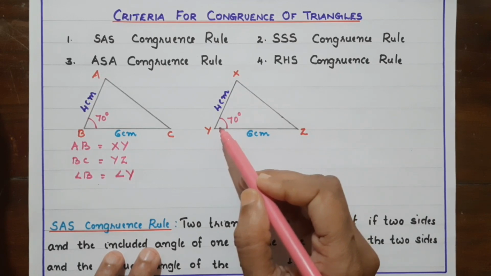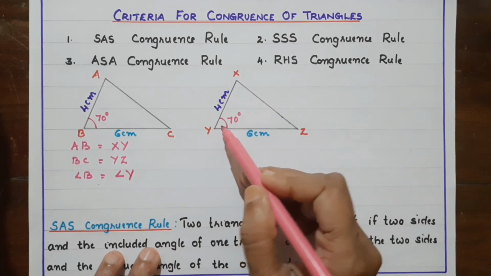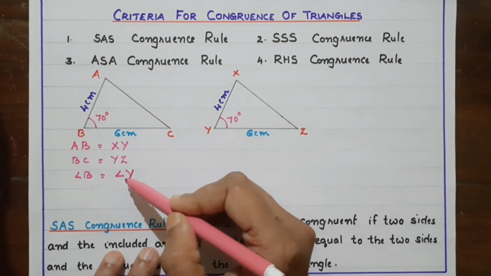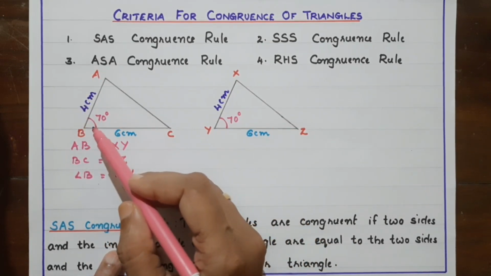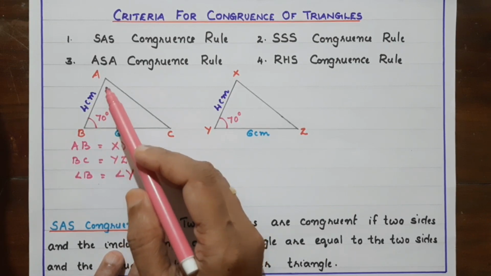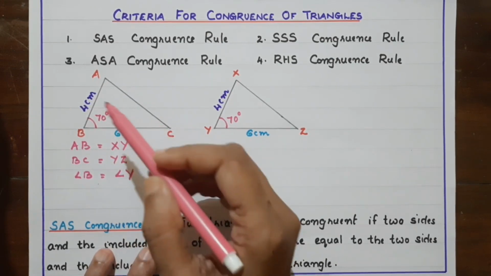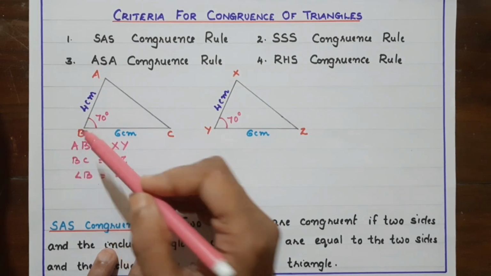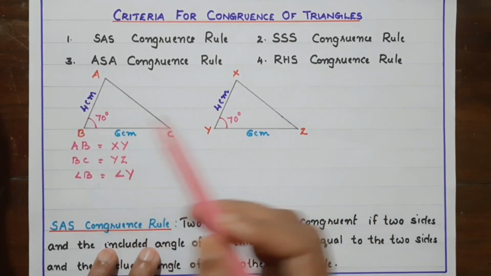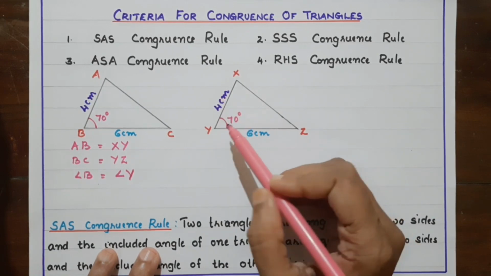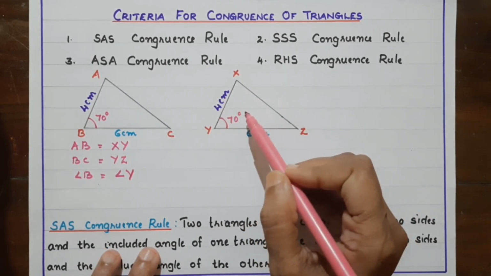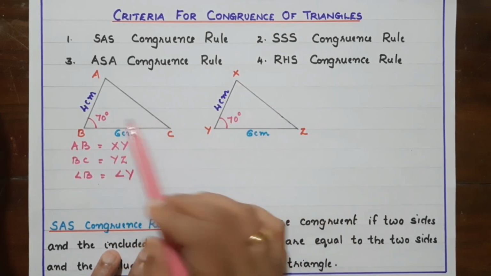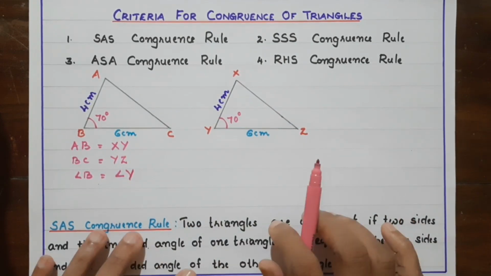The included angle is Y. So, if we have equalities like this, if in one triangle we consider two sides and one included angle, and they are equal to two sides and the included angle of another triangle, then we can say the triangles are congruent.